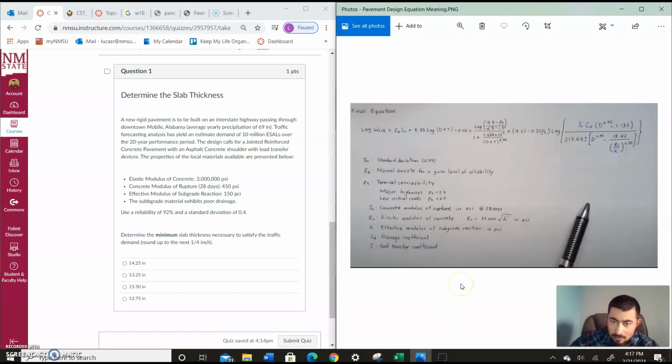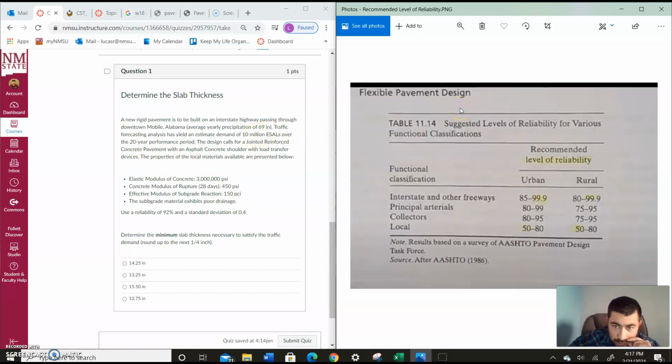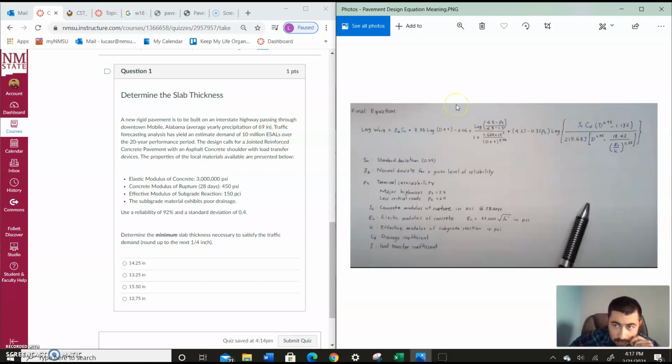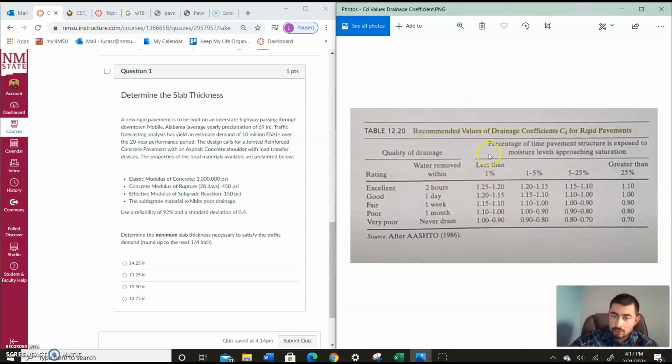CD, drainage coefficient. I remember seeing there being a poor drainage. So we have poor drainage, and it gets an average.